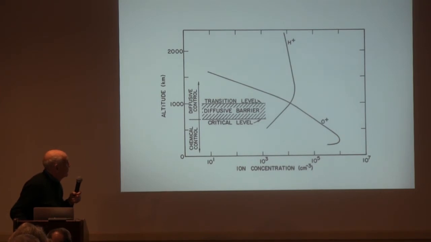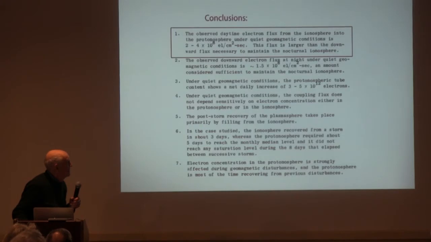And so he got into the question of this so-called diffusive barrier preventing the H+ ions from diffusing upward, and he provided the first definite results establishing those particular numbers.